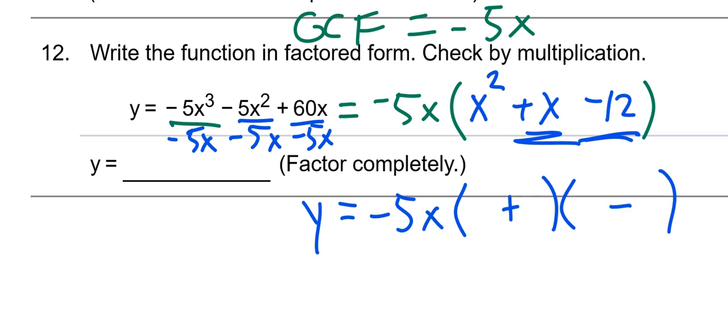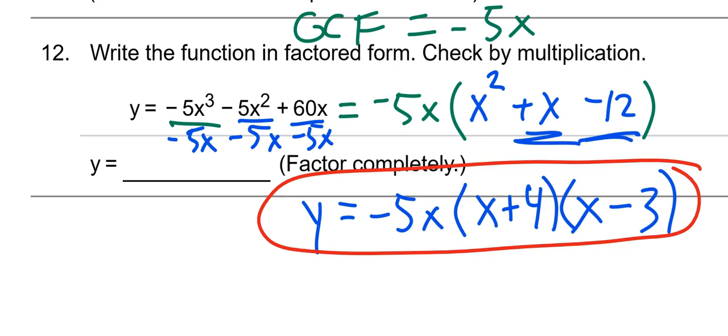Does it matter where the 4 and the 3 go? Alright, so which one's the positive? 4. Is this all they asked me to do? That's it. There's nothing more to that question. They said, write the function in factored form. Hey, we did it.